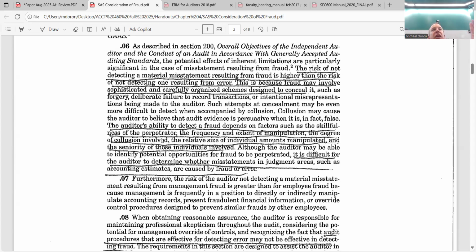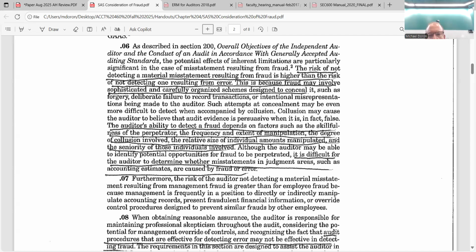If two employees are working together, it is much harder to catch a fraud. All the books will tell you that. When people are colluding to cover up a fraud, it's much harder for you as the auditor to catch it. Also the relative size of individual amounts manipulated, and the seniority of those individuals involved.